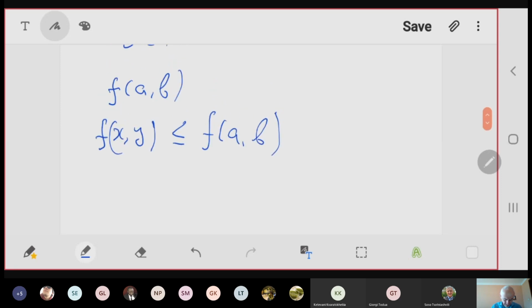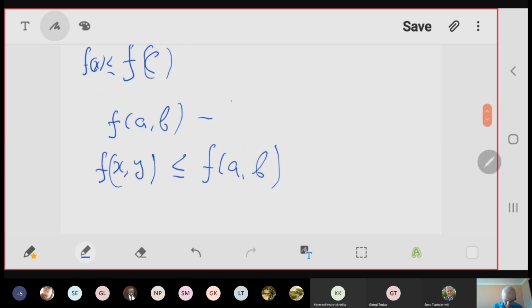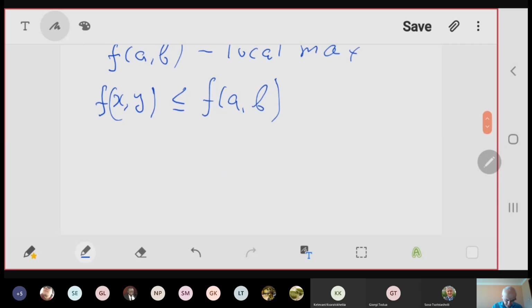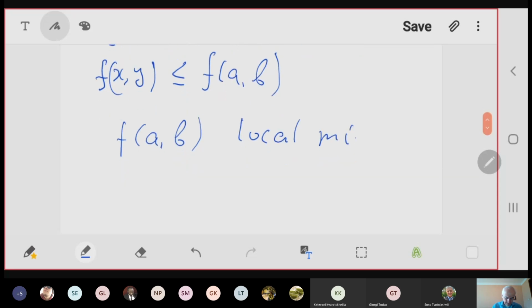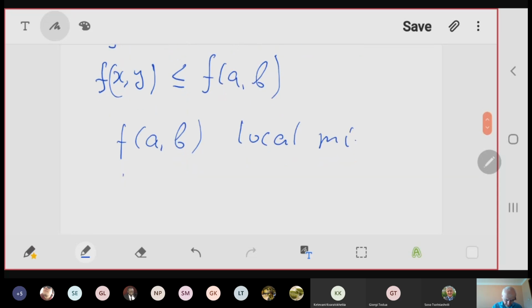So this is f(a,b), a local maximum, and if f(a,b) is a local minimum, in this case, f(x,y) is greater or equal than f(a,b).